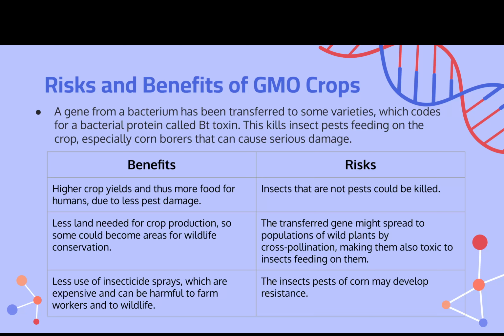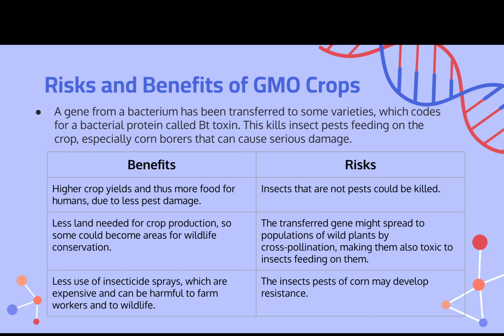The risks and benefits of GMO crops is a fairly common question that you can get. It can be a 3 or 4-mark question in a paper. A gene from a bacterium has been transferred to some varieties, which codes for a bacterial protein called Bt toxin.